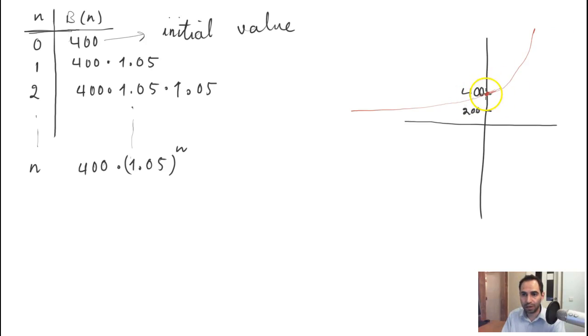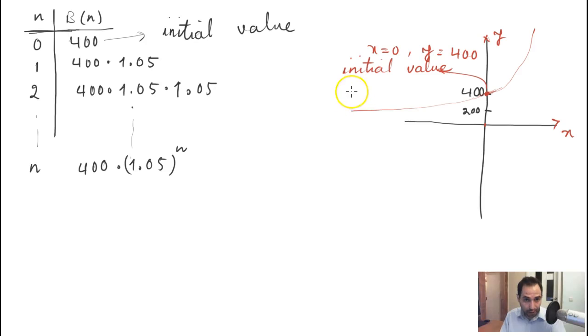So this is your function, and this 400 is your initial value because it is the output of the function when your input is equal to 0. Here your x is equal to 0, and your y, let's say this is y and this is x, is equal to 400. So this is the initial value of the function.